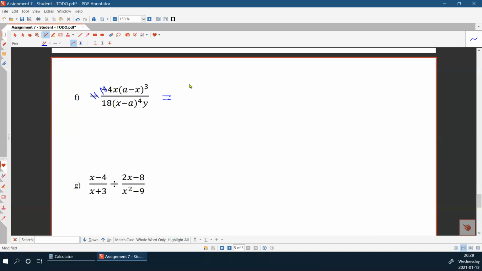So first of all, we can try to change them to the same x minus a, or to the same a minus x. I think it's easier to change it like a minus x to the 4th power, right? Because 4 is an even number, so x minus a to the 4th power equals a minus x to the 4th power.